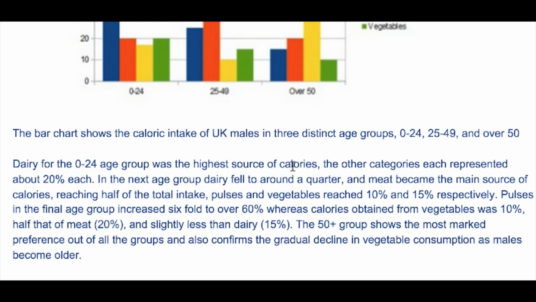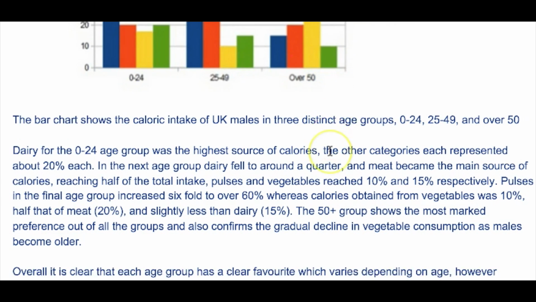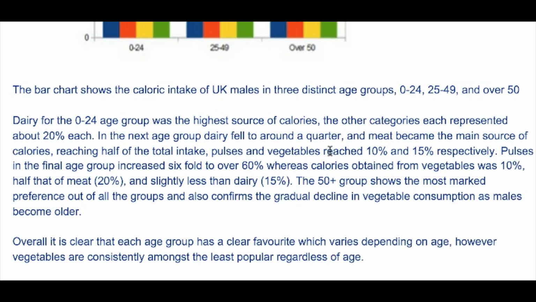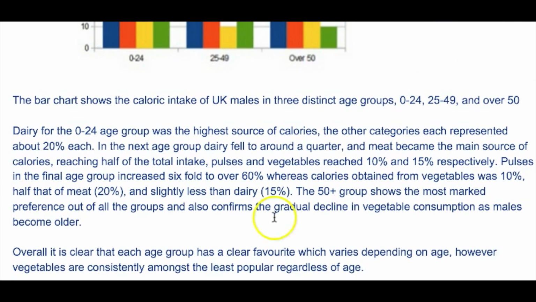And that's also true. Not only are they declining, but they are usually amongst the least popular. Here they're amongst the bottom two, here they're in the bottom two, and here is the lowest. So just mini data points that you can include.